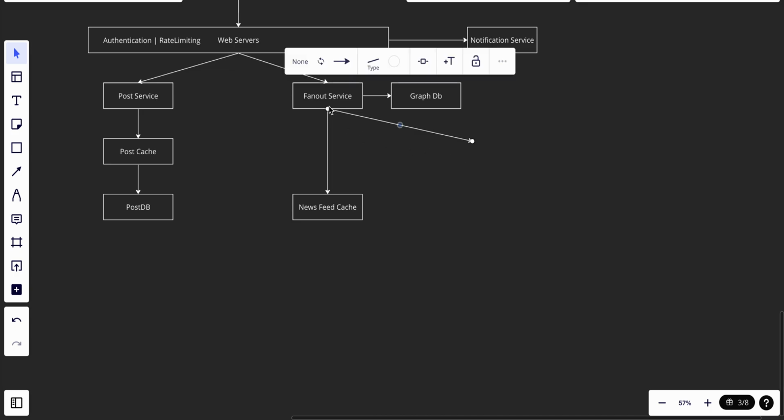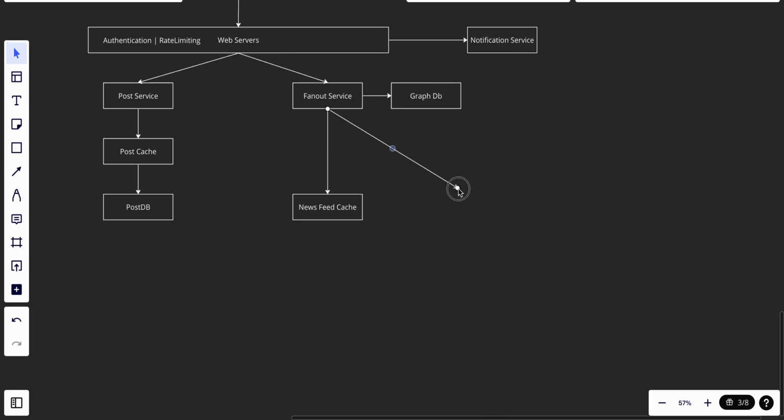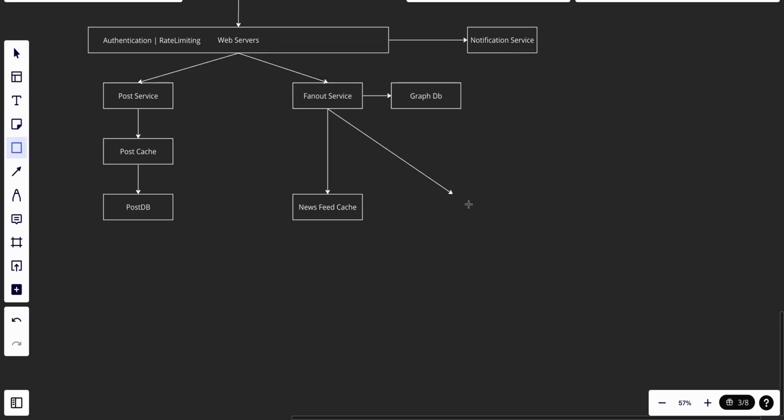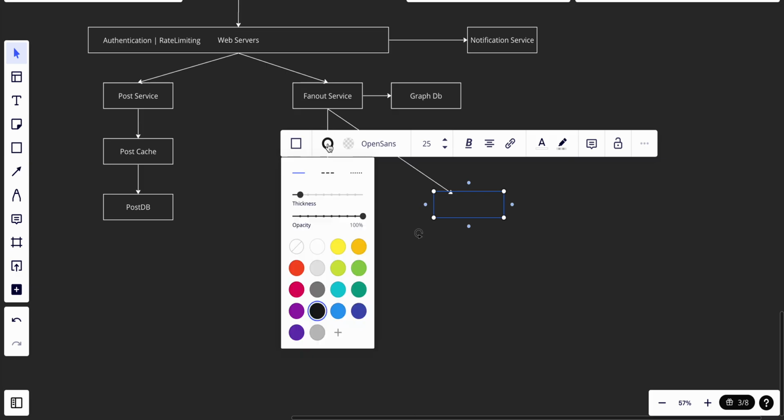And we have another thing. Let's see, we have here the user cache, for example.